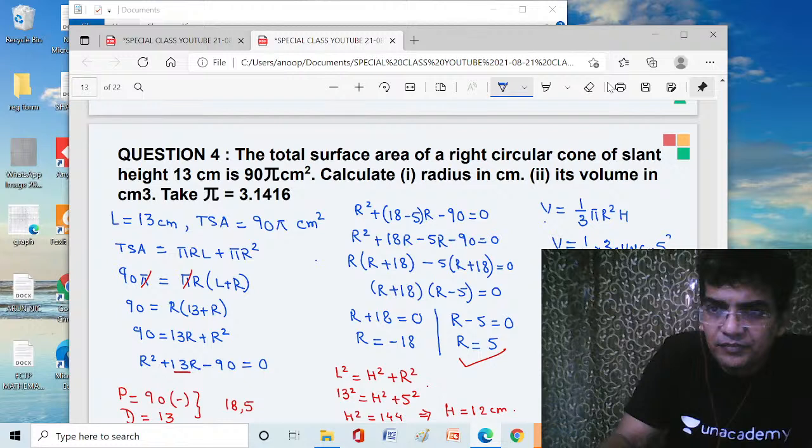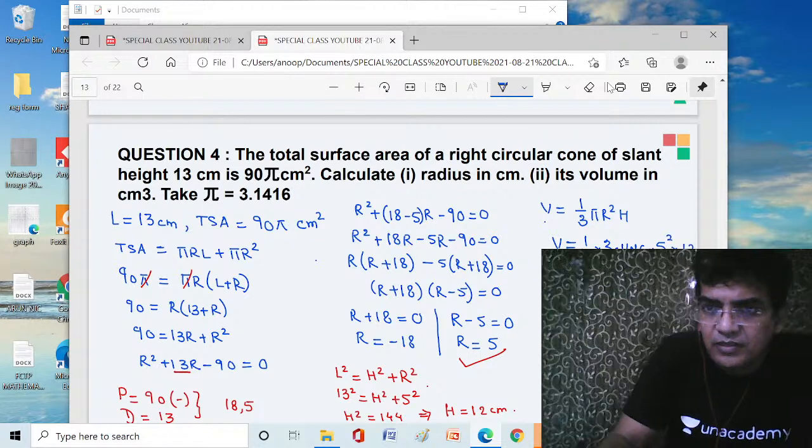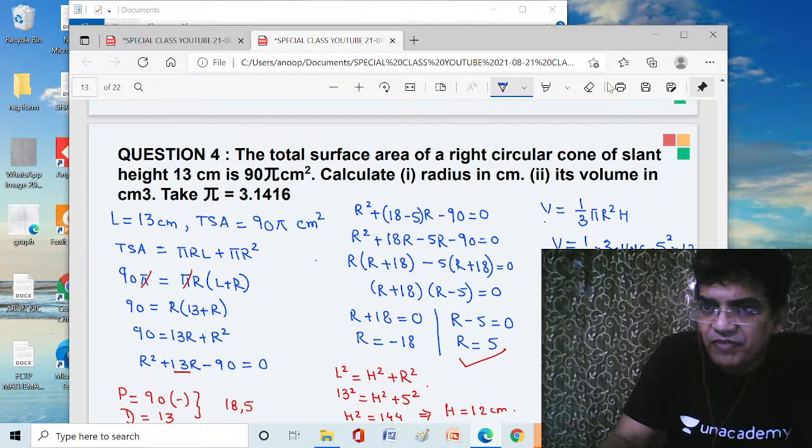So V is equal to, now this 3 will reduce 12, so it is 3.1416, 5 square is 25, and this 12 will be reduced by 3, 3 fours are 12, so into 4. So the volume will be 3.1416 into, now 25 into 4 will give us 100. So the volume is equal to, when I multiply it by 100, 314.16. So this will be the volume.